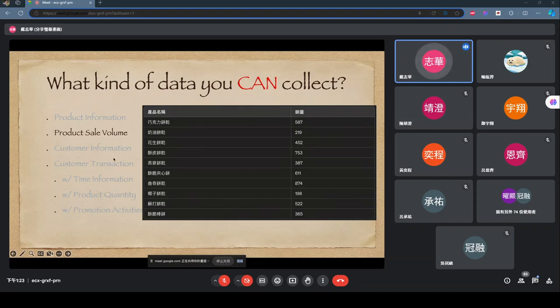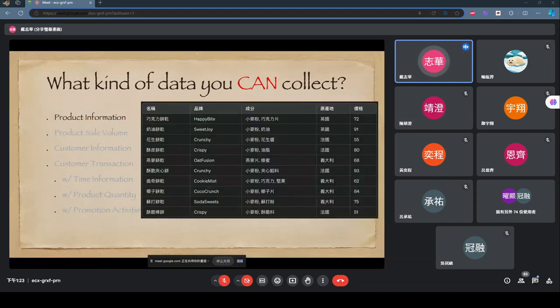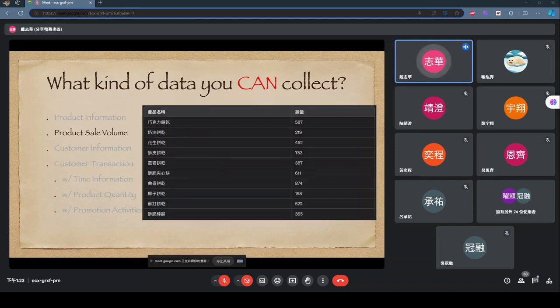And this kind of information is different from product information, because it's dynamic. It means for different seasons, different times, the sale volume will change.